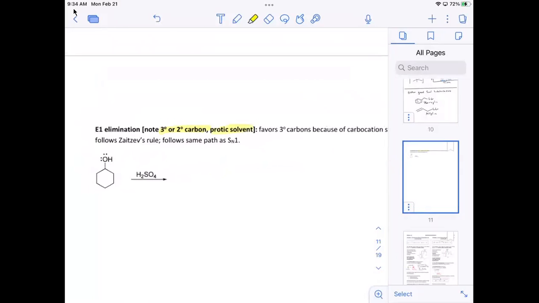It favors tertiary, just like the SN1, because you get a carbocation intermediate, and it follows the same pathway as the SN1 all the way up to the intermediate, where it either eliminates or substitutes. And to be honest, when you have a substrate that can do E1 elimination, you normally see a little bit of both, a competition between some substitution and some elimination. So one of the main features of the E1 is that it does not require a base, at least not an external base.